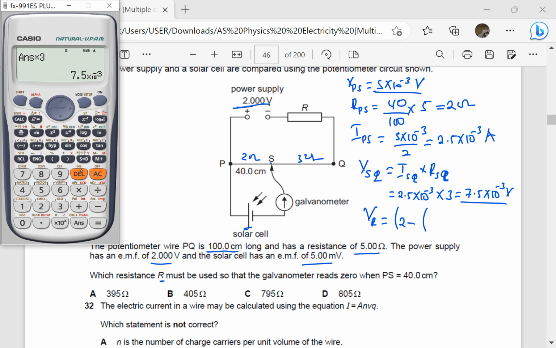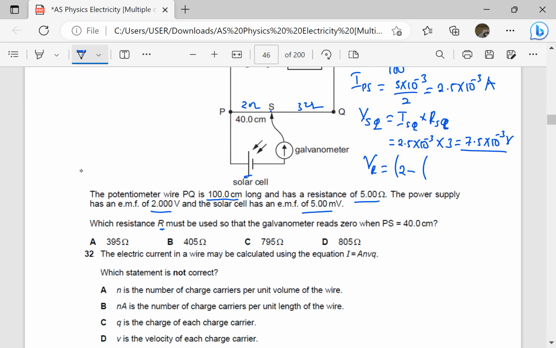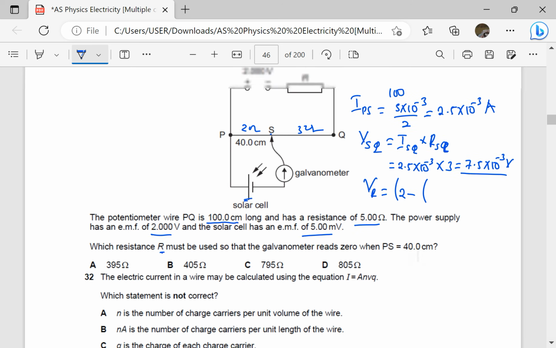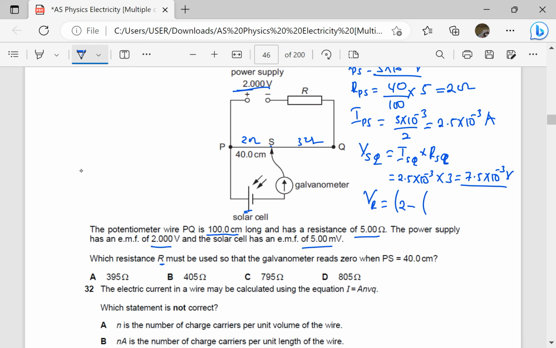The other one is 5 millivolts. Okay, so the potentiometer wire is 100 centimeters long and has a resistance of 5 ohms. The power supply has an EMF of 2 volts, and the solar cell has an EMF of 5 millivolts.